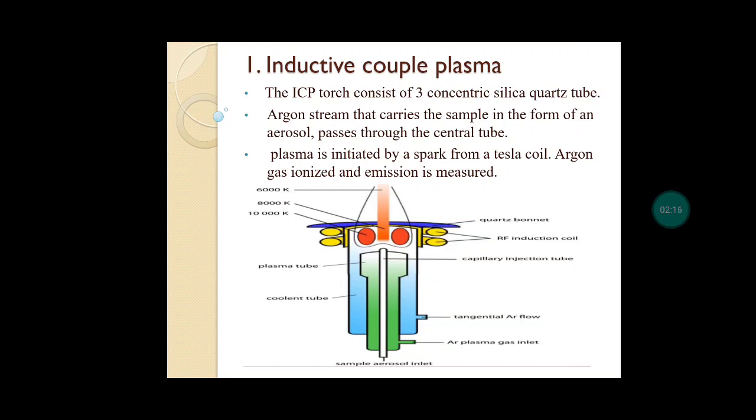The argon stream that carries the sample in the form of aerosol then passes through the central tube. The plasma is initiated by a spark from a Tesla coil. The argon gas is ionized and then the emission is measured. See in this diagram the plasma tube and coolant tube. The coolant tube is the outer tube that defines the plasma shape.